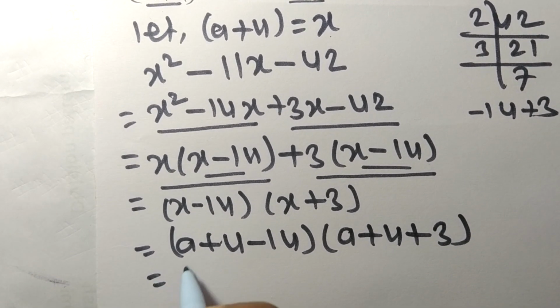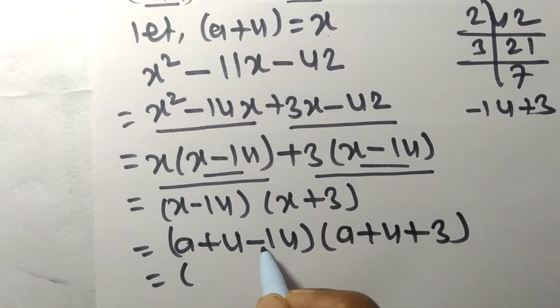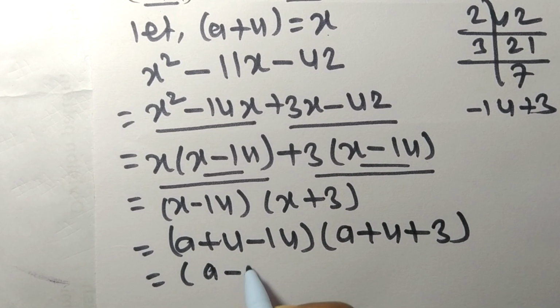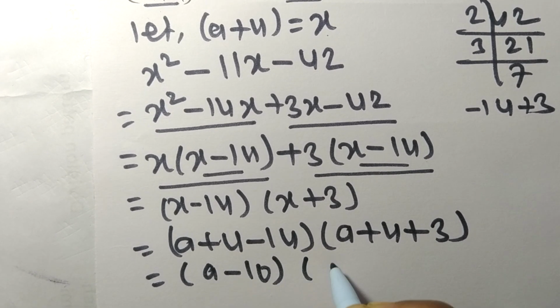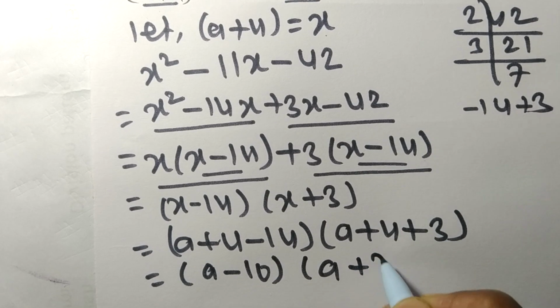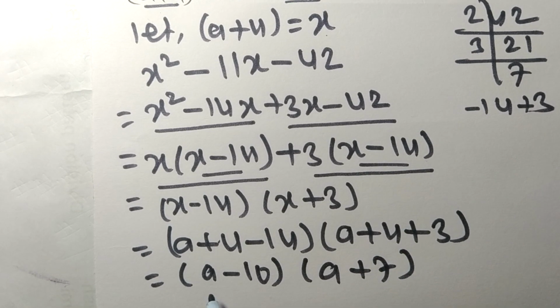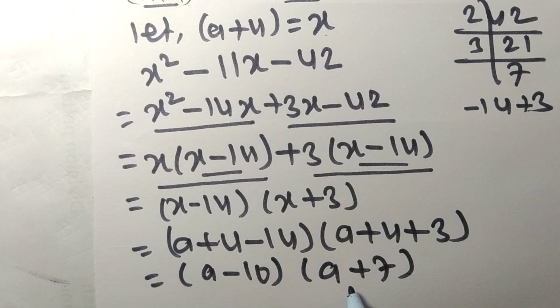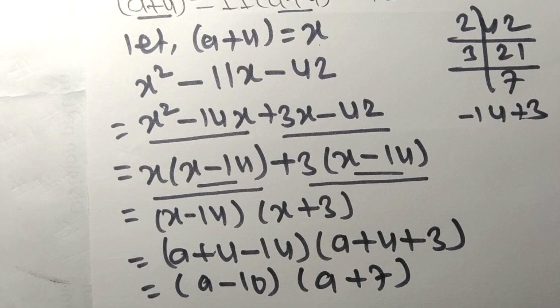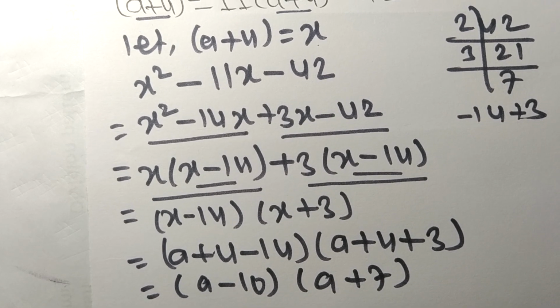So now a + 4 − 14 means it is a − 10, and here a + 4 + 3 means a + 7. So (a − 10) and (a + 7) are the required factors. So this much for today, and thanks for watching.